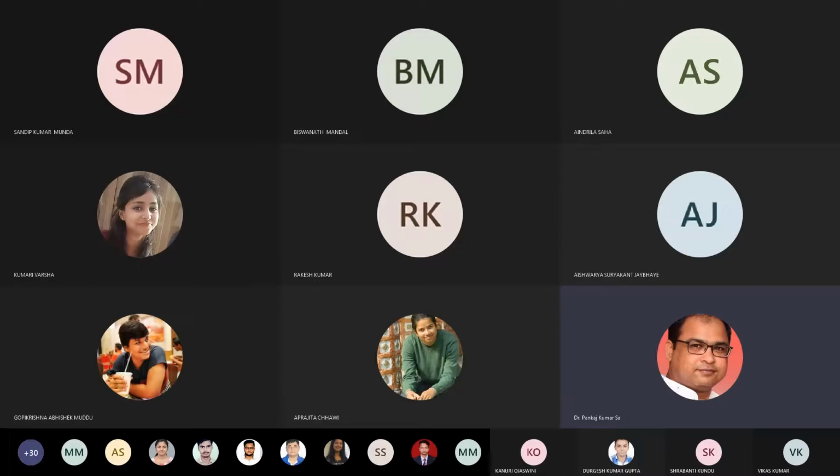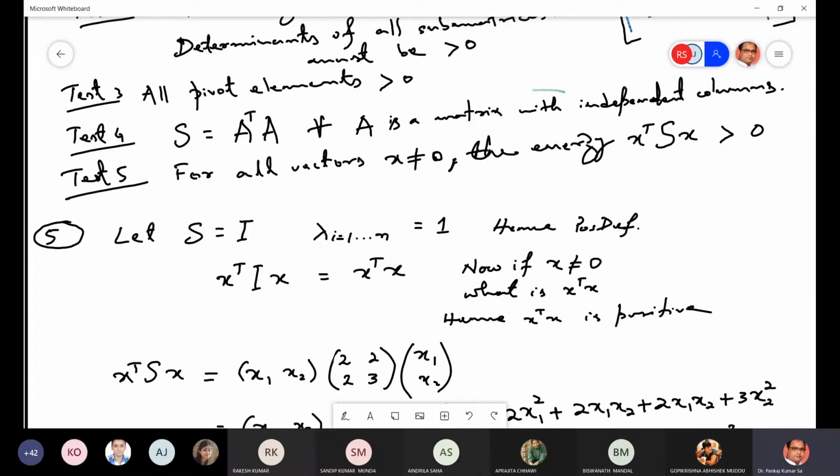A transpose A, where A has independent columns.